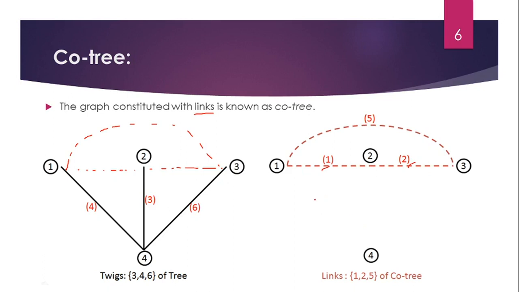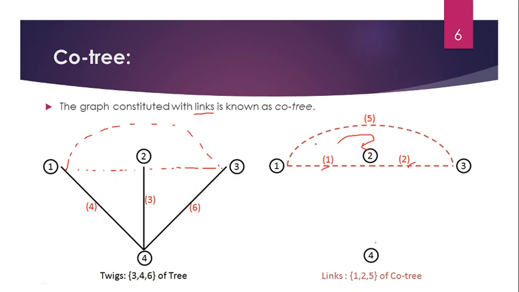So what are the properties of the cotree? A cotree is not necessarily a connected graph. Here node 4 is not connected with node 1, node 2, node 3. As well, it may have a closed path or a closed loop. The cotree is nothing but the complement of the tree, so the properties are very different.